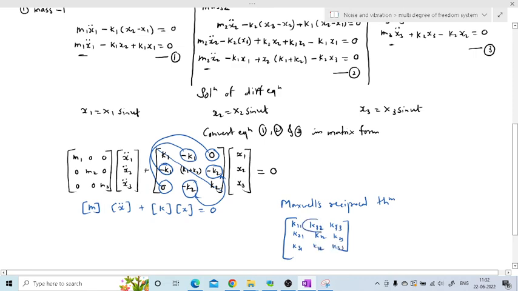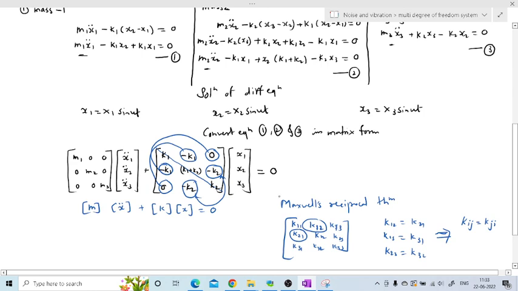Here k12 and k21 are equal, so k12 is equal to k21, as you can see from this. And k13 is equal to k31. Similarly, k23 is equal to k32. So we can write from this that kij will be equal to kji.